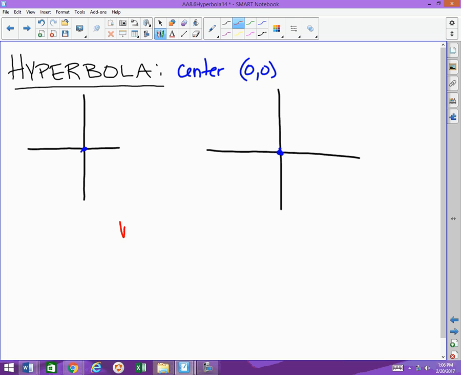There are vertices, and depending on where the vertices are, they are up and down, or sometimes they can be side to side.